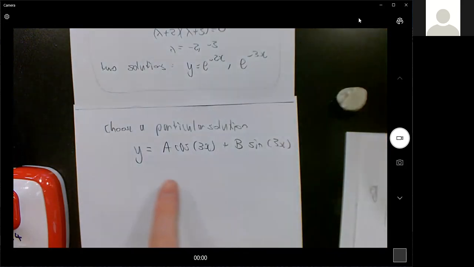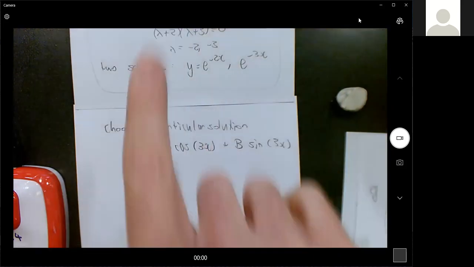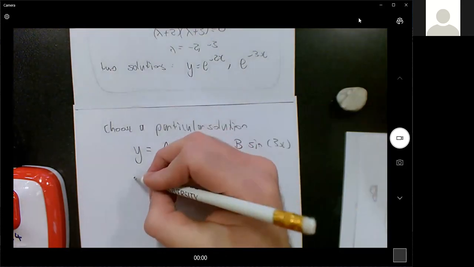And so then I am fairly confident that if I differentiate this and sub it into there, one of the options for A and B will work. One of them. Possibly more than one, but at least one. And so I would get, okay.